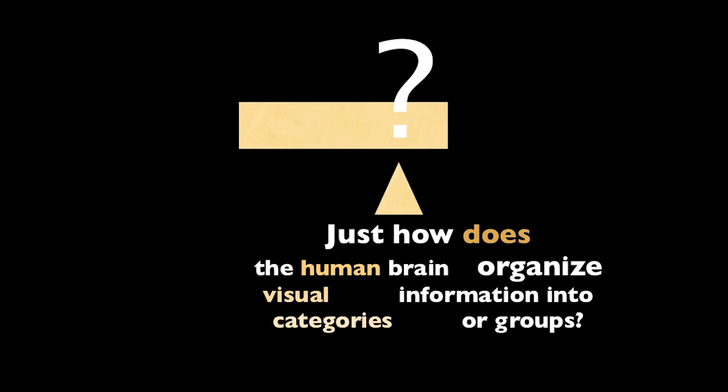Okay, so the question is, how does the brain organize our visual information into different categories or groups? Now, just looking at this, do you see relationships between some of the elements on this slide and other elements? Does your mind automatically put certain things together or create shapes, or do you just see text?